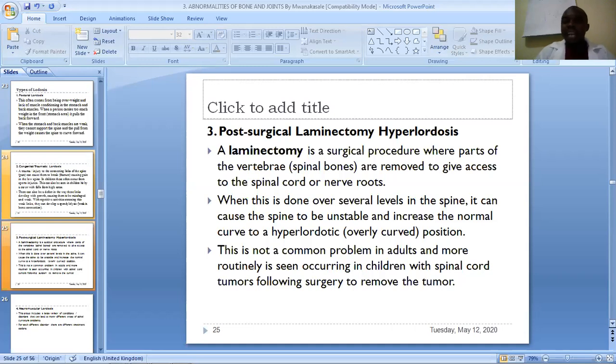So when this is done over several levels in the spine, it can cause the spine to be unstable and increase the normal curvature to be hyperlordotic. This is not a common problem in adults, and is more routinely seen occurring in children with spinal cord tumors following surgery to remove the tumor.